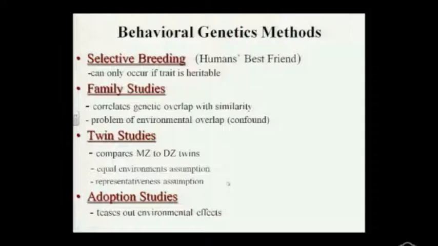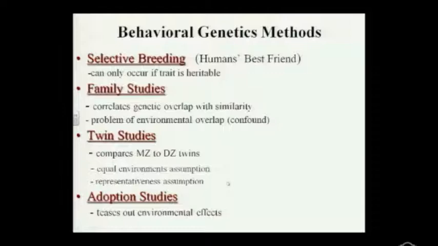So then we have what somebody just mentioned, the adoption studies, which is one way to rule out the environment completely. Because when a child is adopted by a non-biological parent, if that trait develops and is similar to the biological parent, then you can say with more certainty it's genetic, because the environment is no longer an issue, right?